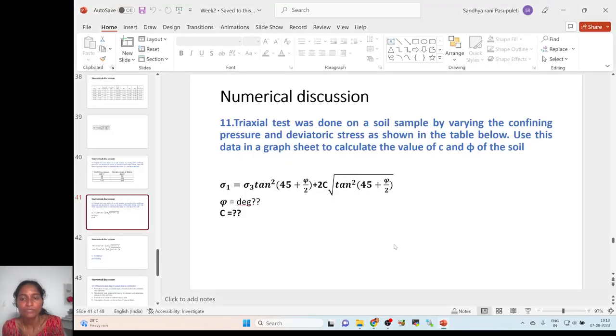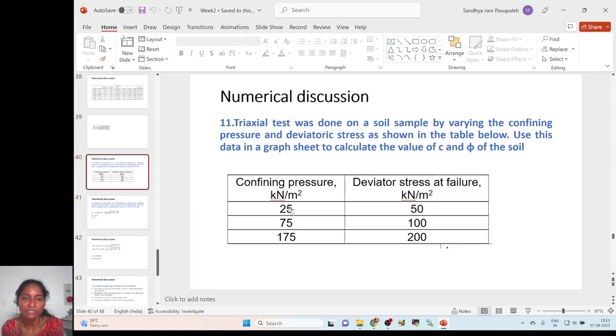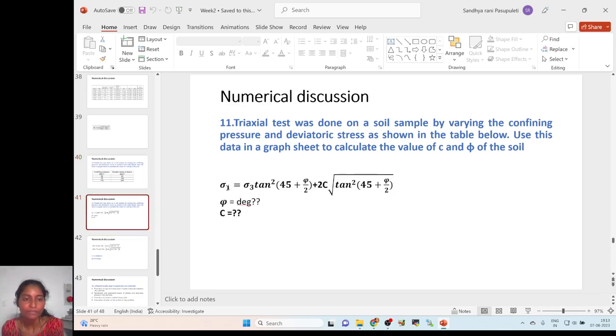You can note down this equation. In this equation, from the first row, sigma 3 is known, sigma d is known. You can calculate sigma 1. So you can substitute sigma 1, sigma 3, then phi and C are the unknowns. So one equation you will get.